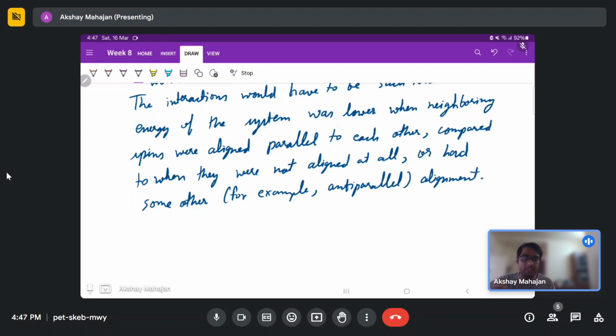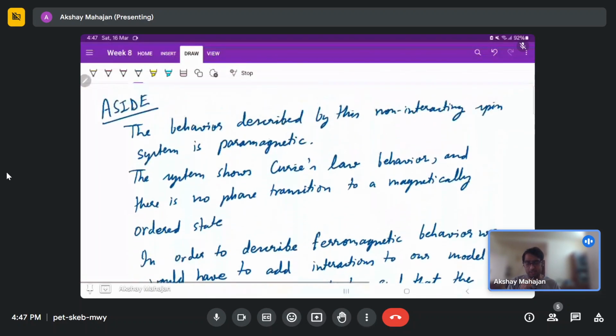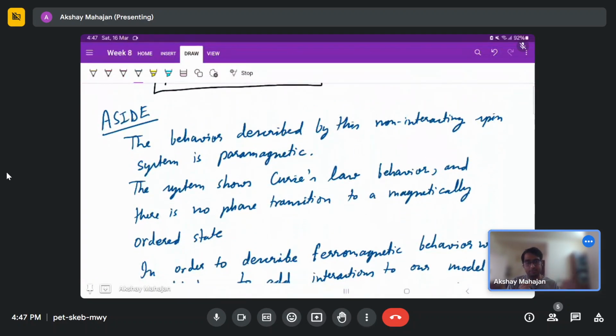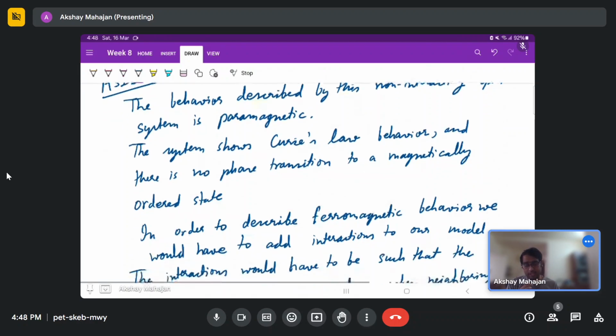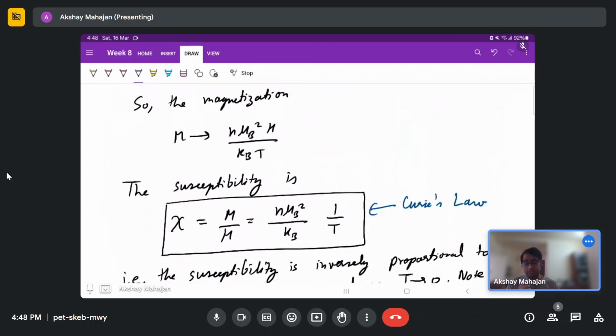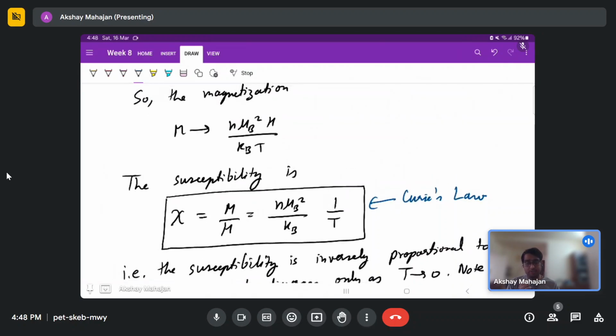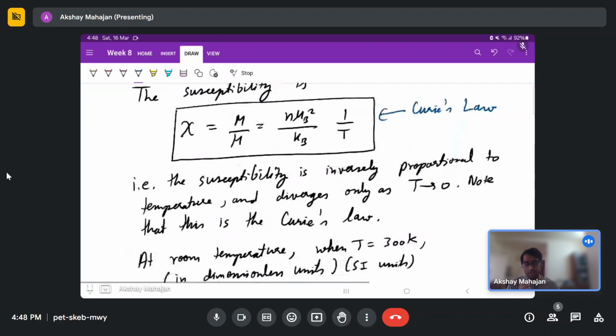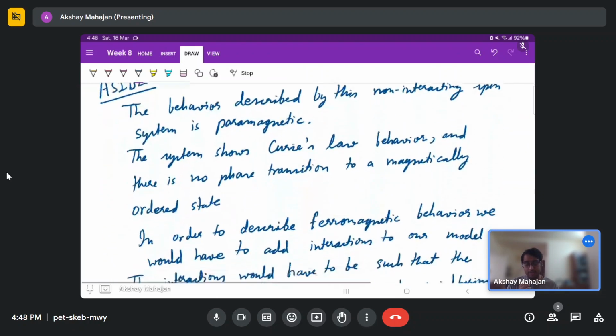So what we have seen is that if we have a 3D system of non-interacting spins, then their behavior is similar to a paramagnetic system. If we calculate the magnetic susceptibility in the case of low magnetic field, it is inversely proportional to T, which is Curie's law, and thus the system is paramagnetic.